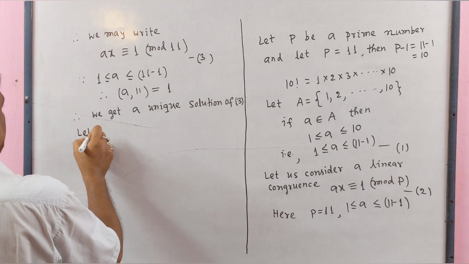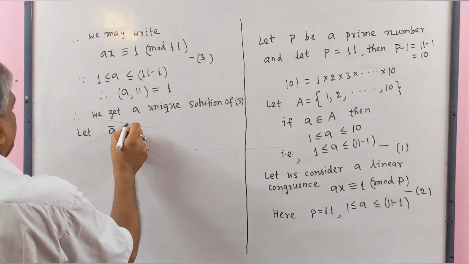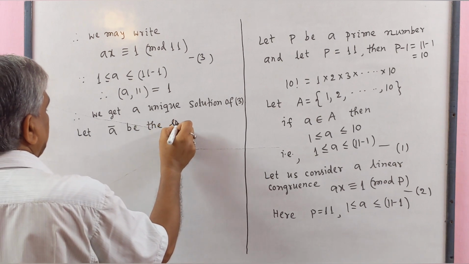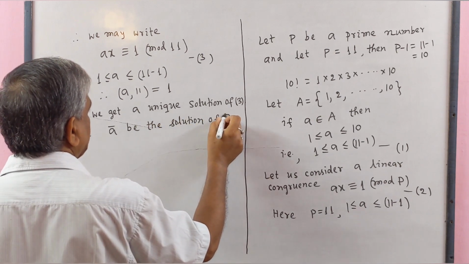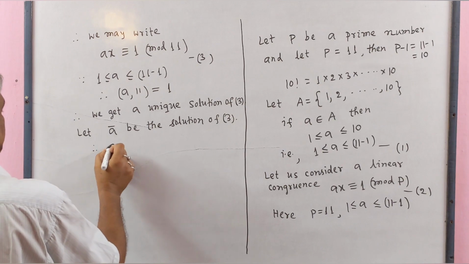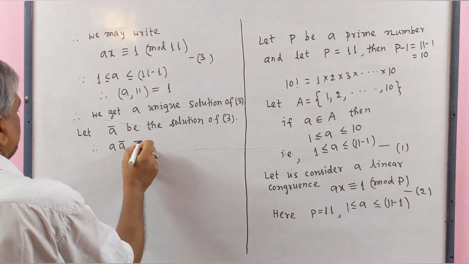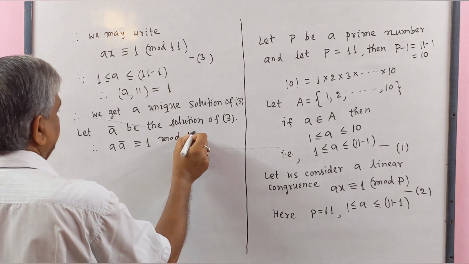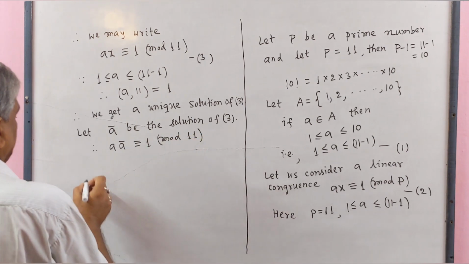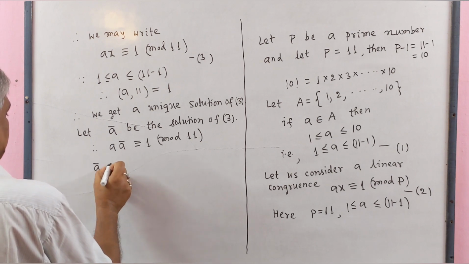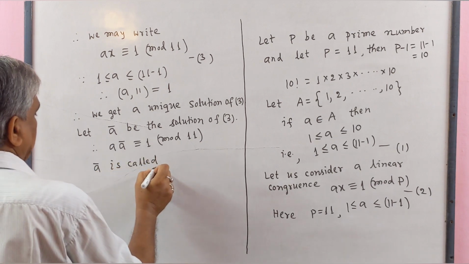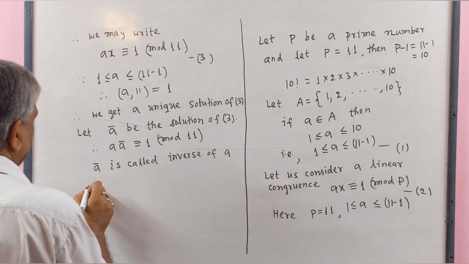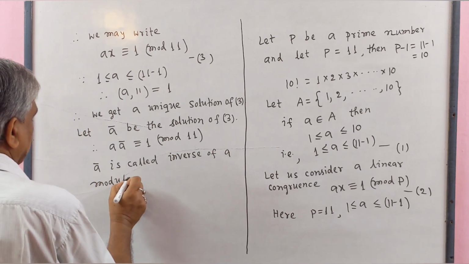Let a bar be the solution of 3. Therefore, a a bar is congruent to 1 modulo 11. a bar is called the inverse of a modulo 11.